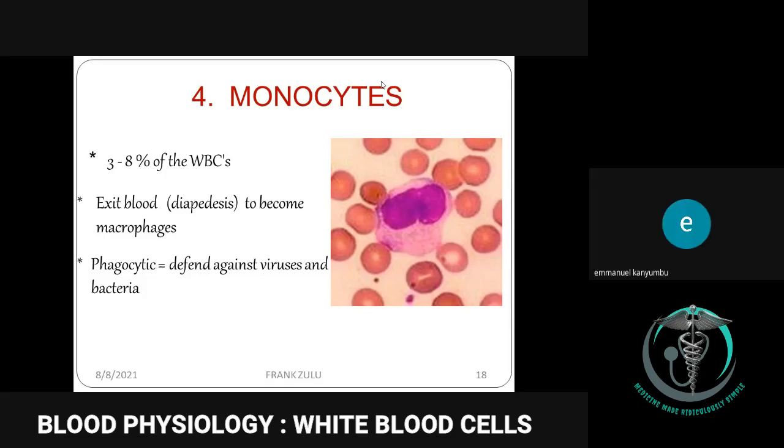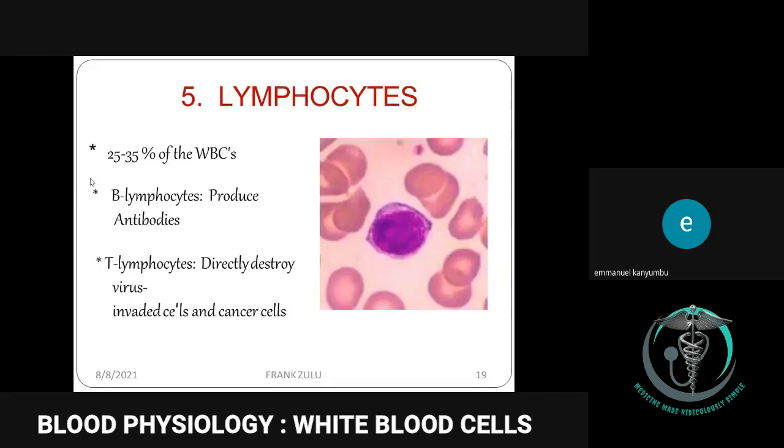I wouldn't say that. I wouldn't say that because when they're in blood, these cells are in the inactive phase. They only mature when they exit the blood to become what? Macrophages. So I don't think that is correct, although I have to confirm. Is that okay? Yes, sir.